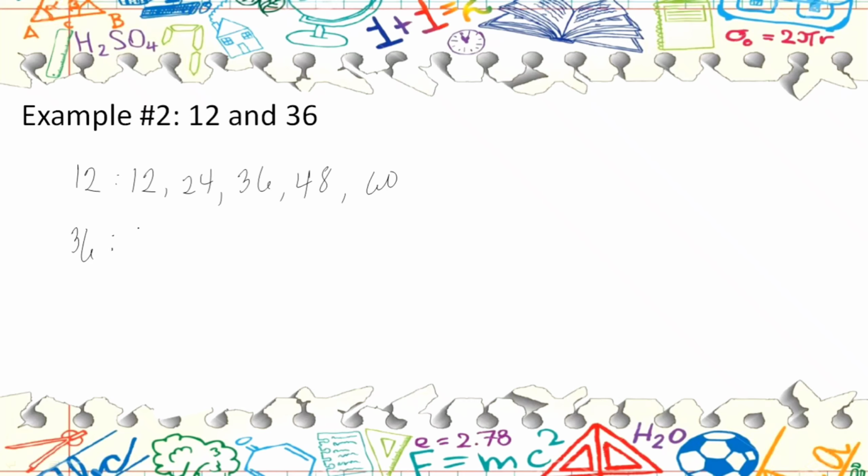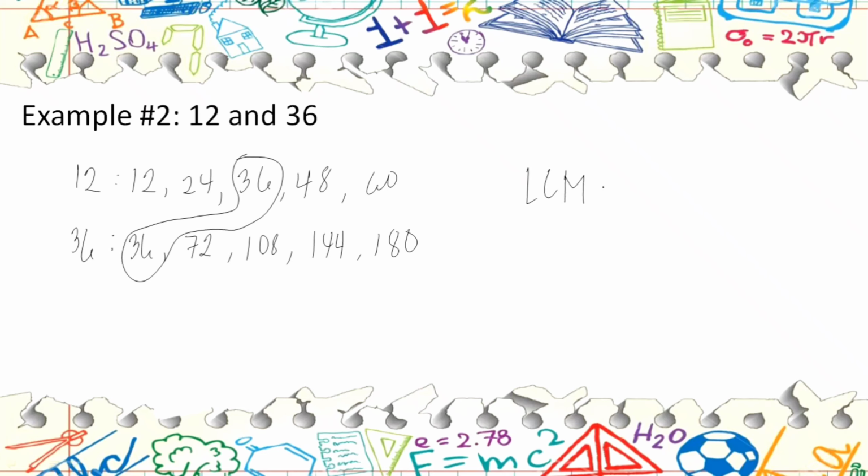So, ang multiples ng 36 ay 36, 72, 108, 144, and 180. Next, common multiples ang hanapin natin. So, we have 36 lang. Ibig sabihin, our LCM here is equals to 36.